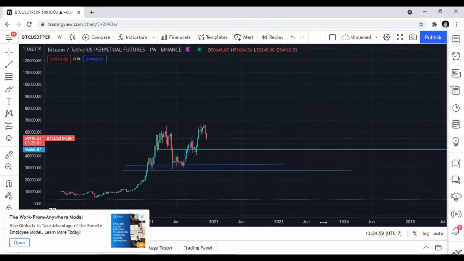So like I said, being able to correctly draw the support and resistance levels for Bitcoin or any other crypto is going to help you become a better trader, as you will know exactly when to enter and exit the market. Support and resistance is the path the market moves on. The price is either going up towards the resistance, or it's going down towards the support.